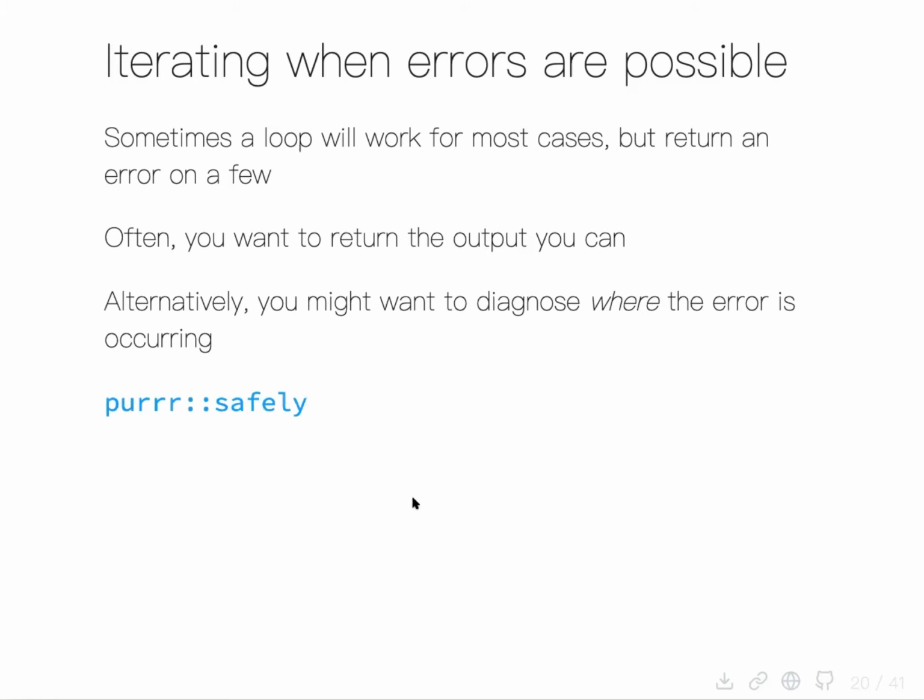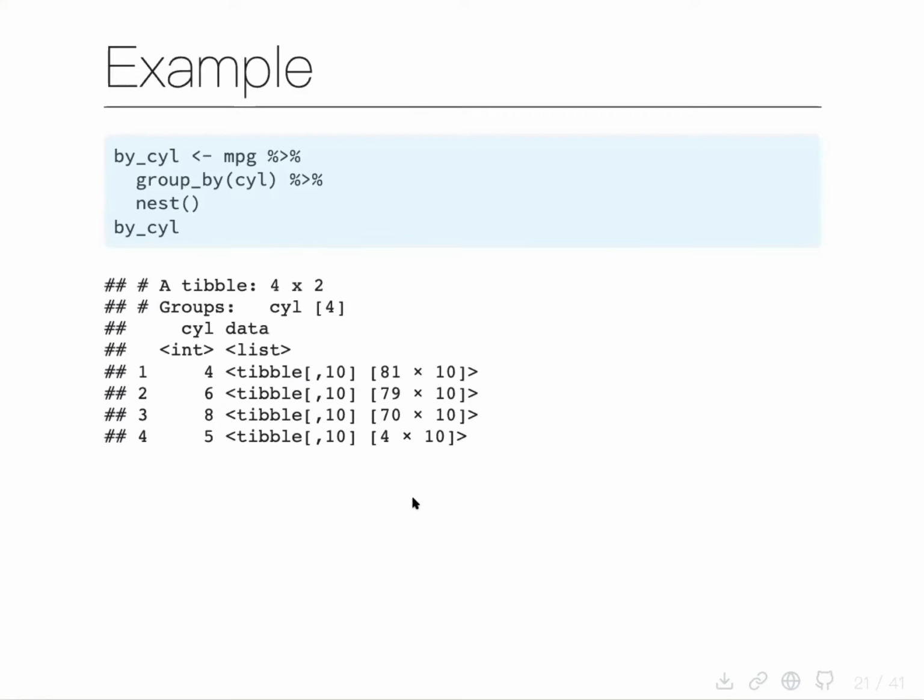Okay, so we'll walk through an example here, and if you could follow along, I think it would be helpful for you. Here I'm creating an object called by_cyl, where I'm saying mpg group by cyl and then nest. Here are my cylinders 4, 6, 8, and 5, and then here's my data for them.